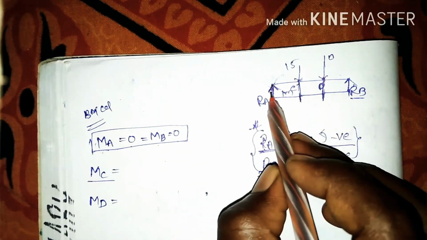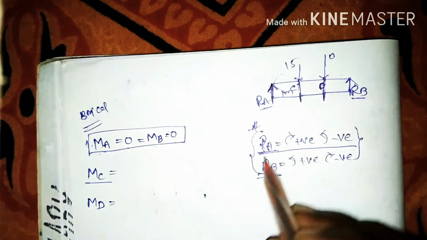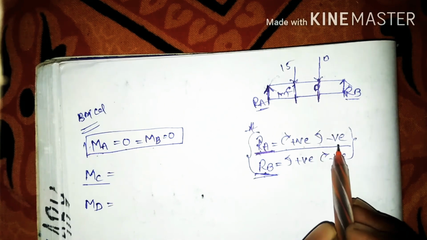Here C is nearer to A, so when I take the RA reaction, for this reaction clockwise is positive and anti-clockwise is negative.